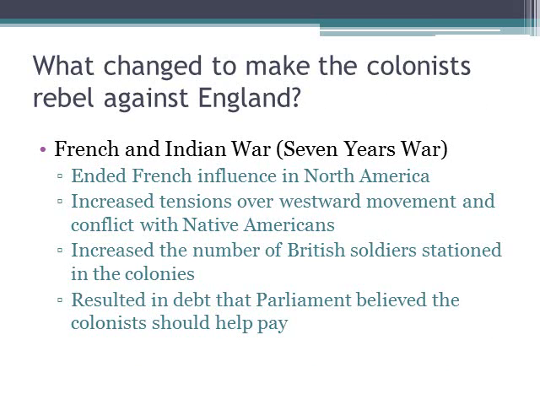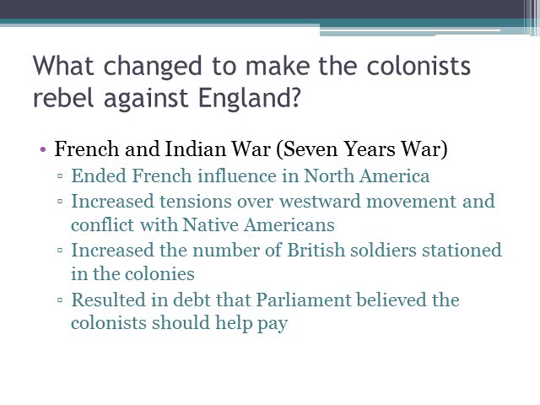What changed to make the colonists rebel against England? Well, the French and Indian War began in the 1750s, and it was the colonists, certain Indian tribes, and the British fighting against the French and other Indian tribes. It's also known as the Seven Years' War.